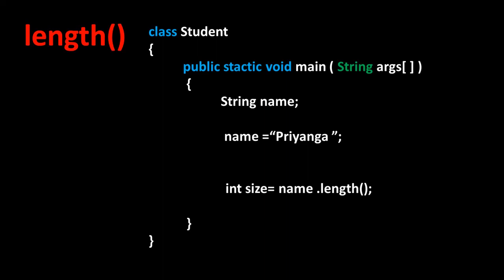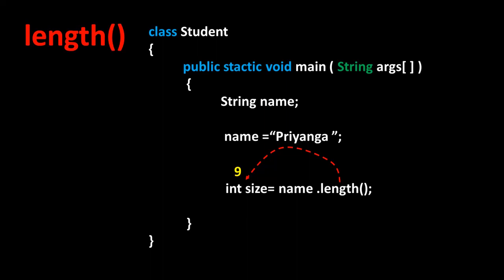So, when you are getting in between double quotes, you have a space. It takes that as one character. Therefore, it will return length as 9.